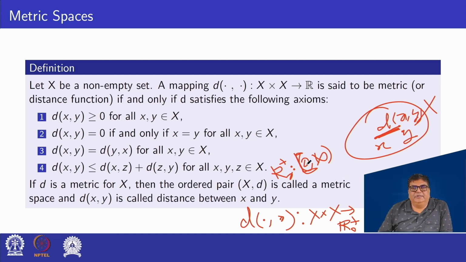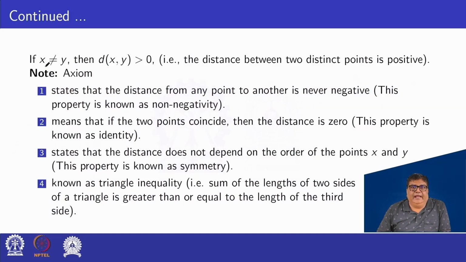So the distance is positive. The distance should be positive. If we write d such that X cross X to R0 plus, then the first condition we can omit. If x is not equal to y, then the distance between x and y should be greater than 0. That is, the distance between two points is positive.